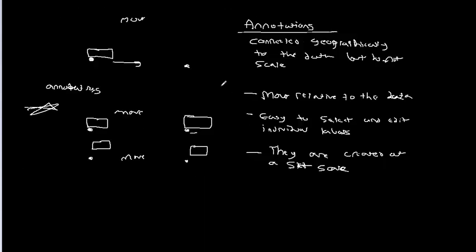The last form of labeling, and this is probably the one that you're going to be using the most, is going to be dynamic labeling. So dynamic labeling is actually the default in ArcGIS Pro.